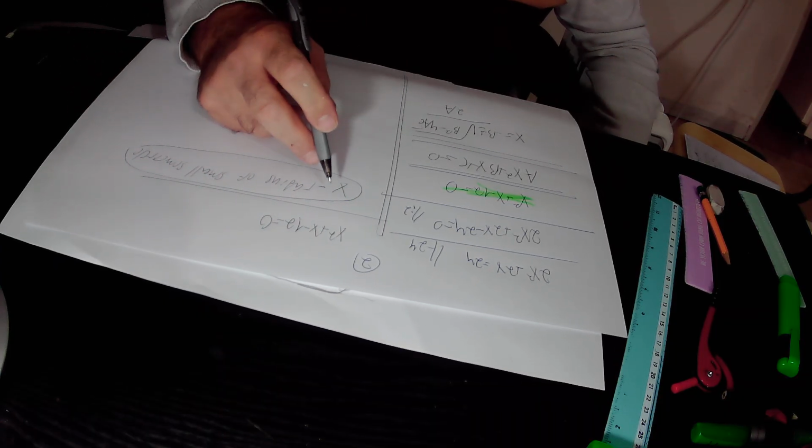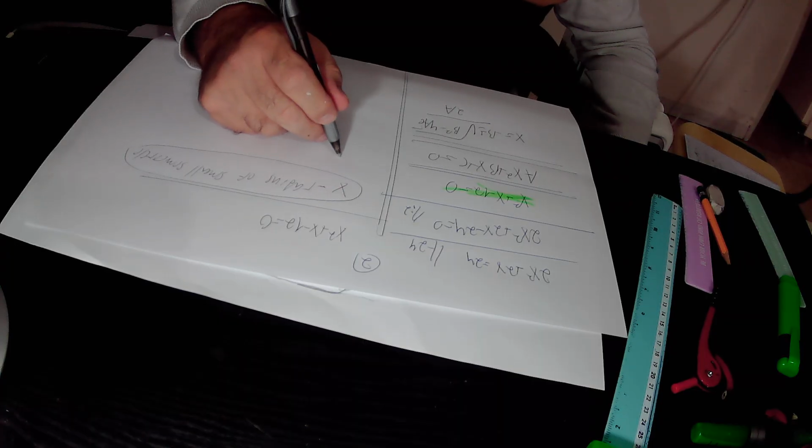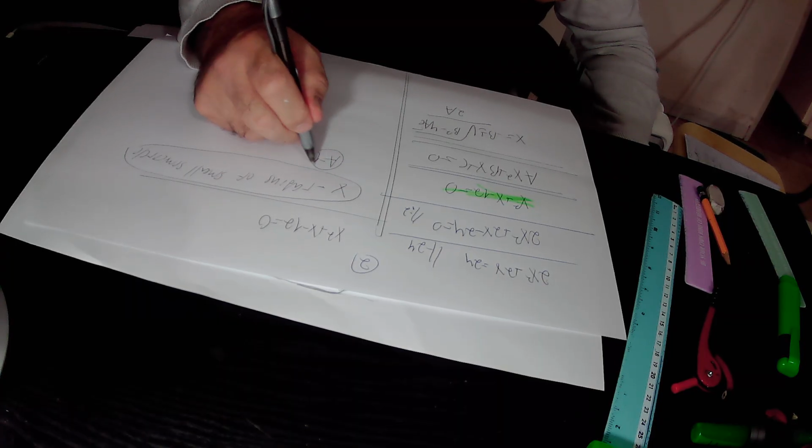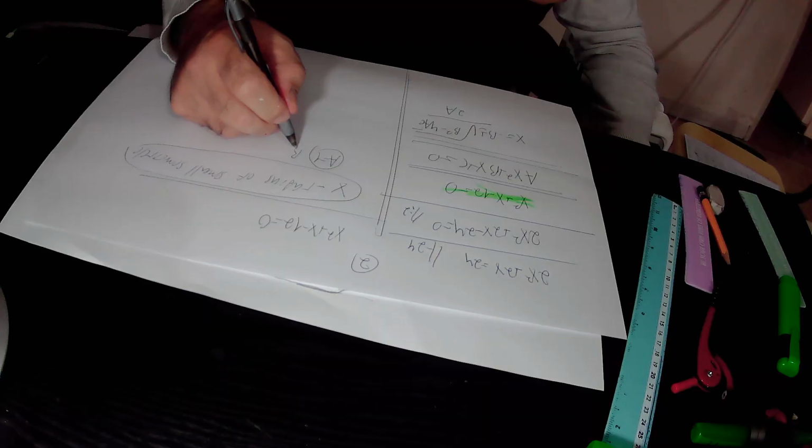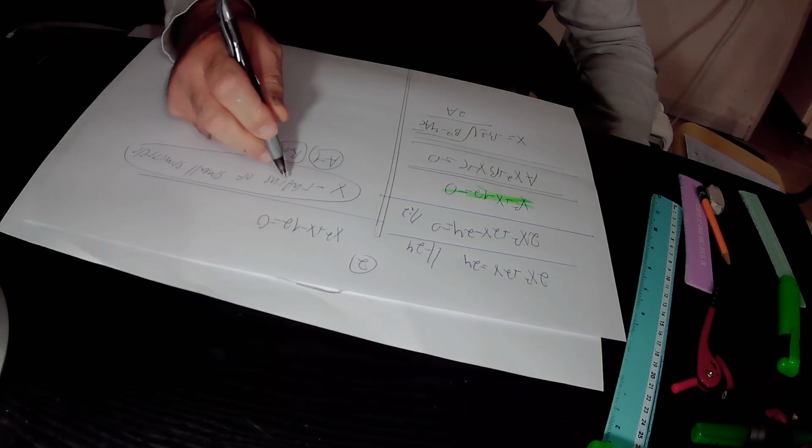The coefficient a in our specific quadratic equation equals 1. The coefficient b also equals 1. And the coefficient c equals minus 12.